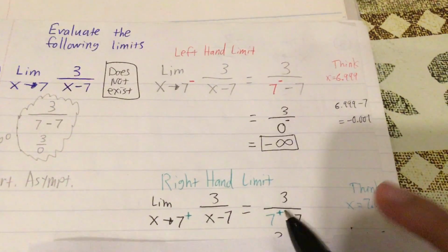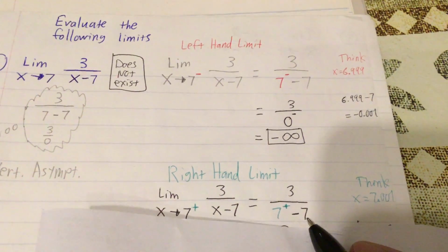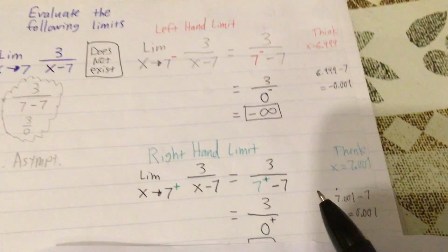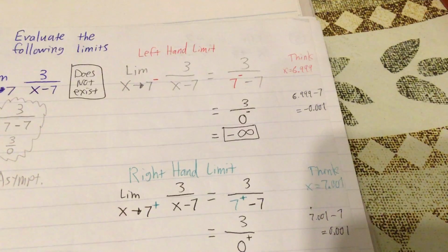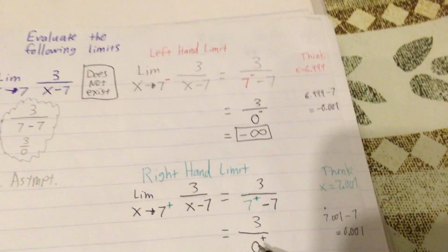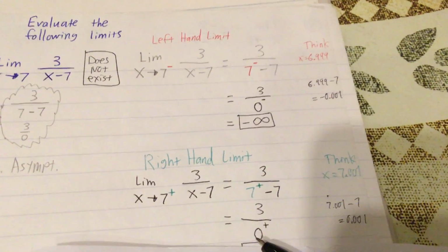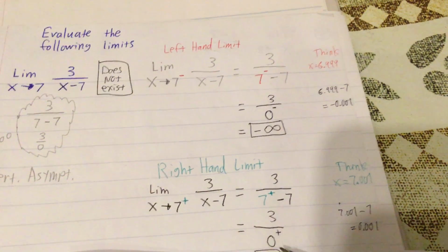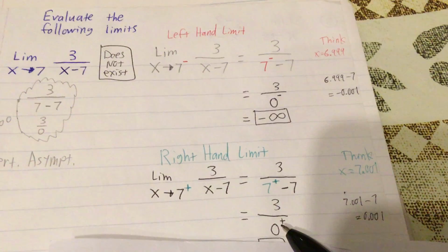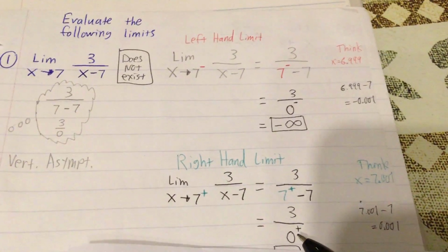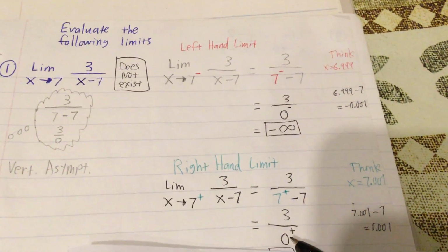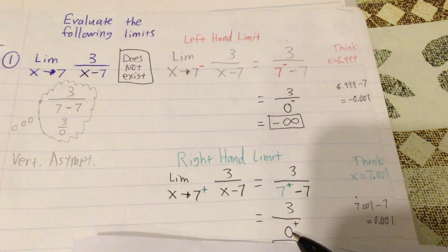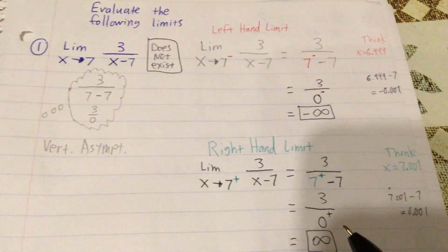So if I have barely over 7 minus 7, I'm going to get like 0.0000001. So 3 over the positive side of 0. What is a positive divided by a positive? It's a positive. So 3 divided by 0 from the right side would be positive infinity.